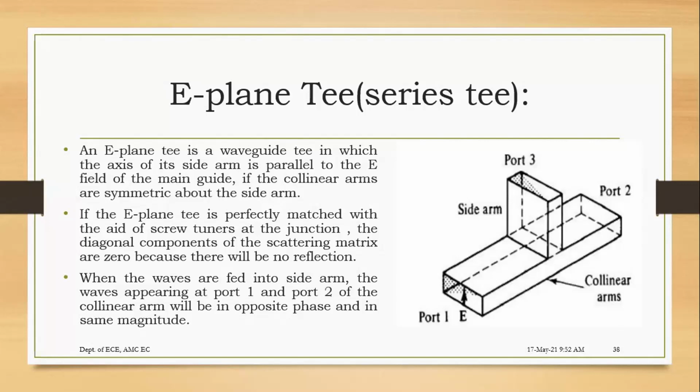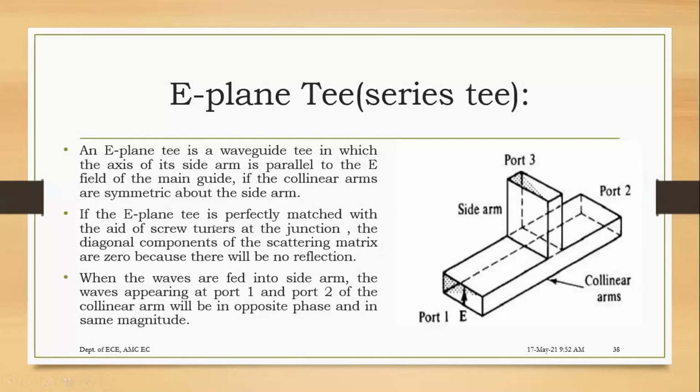So here port 1 and port 2 are called collinear because they lie on the same line. The other one is your side arm, which is your port 3. So the collinear arms are symmetric to each other, and exactly at the center the port 3 side arm is placed, which gives you a T structure.